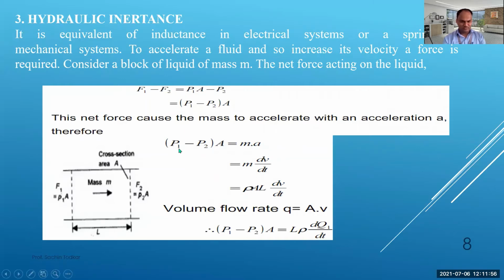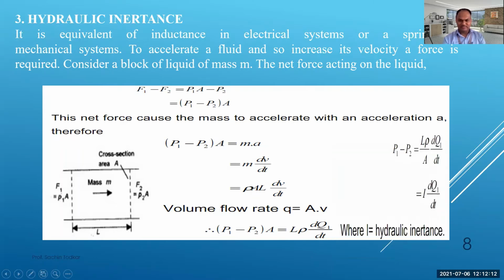We know that pressure into area is force, and mass into acceleration is also force. So here we will modify this equation to get the inertance value, and that inertance is L into rho divided by A, which is equivalent to hydraulic inertance.